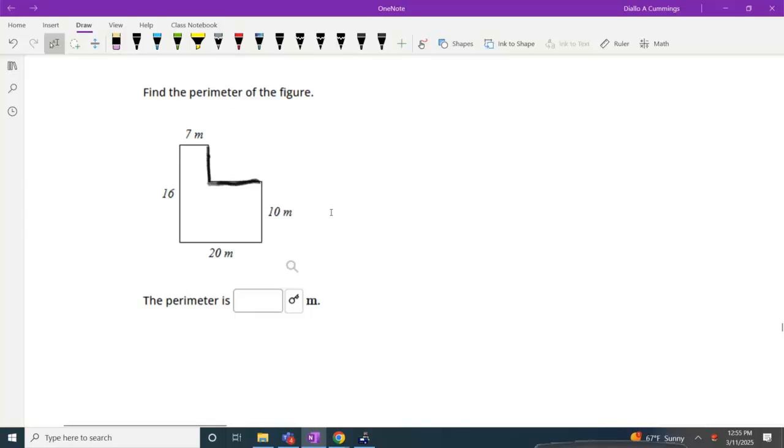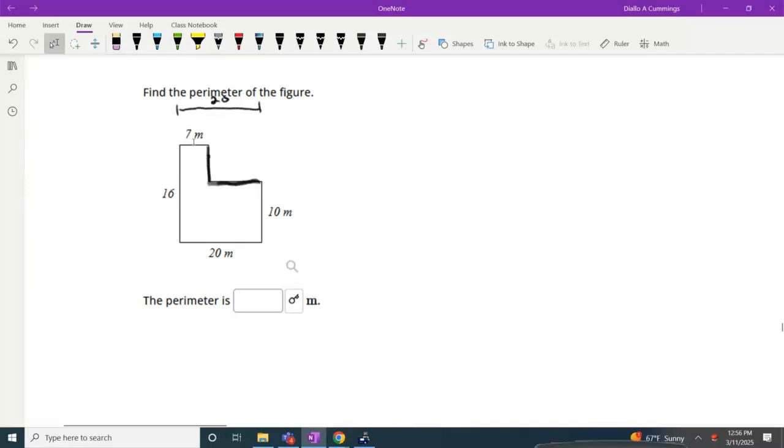In order to figure out the 2 missing sides, I'm going to treat this as a rectangle. In a rectangle, the opposite sides are parallel and congruent. So that means if this horizontal base is 20 meters, the top of my figure should also measure 20 meters.